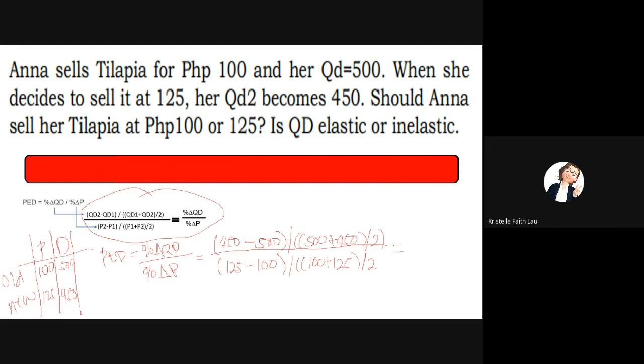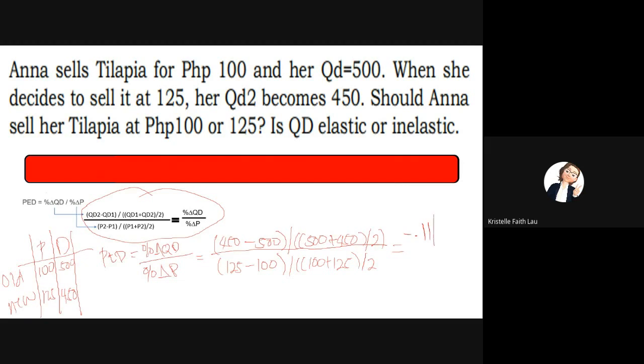Now, let's solve it to see our PED. So, 450 minus 500, divided by, then two open parentheses, 500 plus 450, close parenthesis, divided by 2, then close parenthesis. So, our answer here is negative 11.11. So, it is still negative, our outcome here.